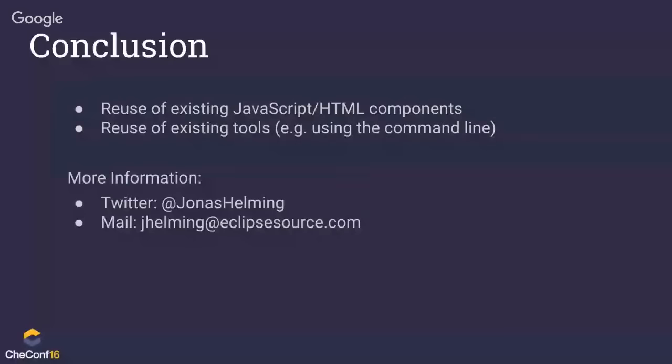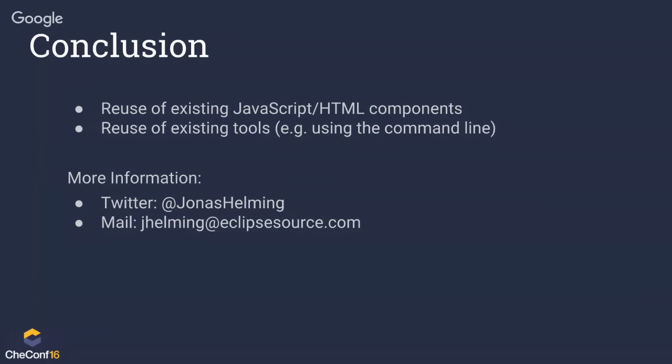Let me conclude and share the last slide. So we really enjoyed working with Che. There's a great API, and the dependency injection mechanism makes it very flexible. I would like to highlight two main things. The first one is that I would highly recommend to reuse existing HTML components if possible, because you can save a lot of effort there.